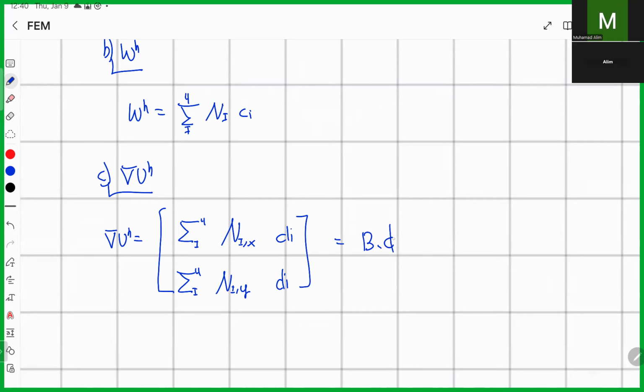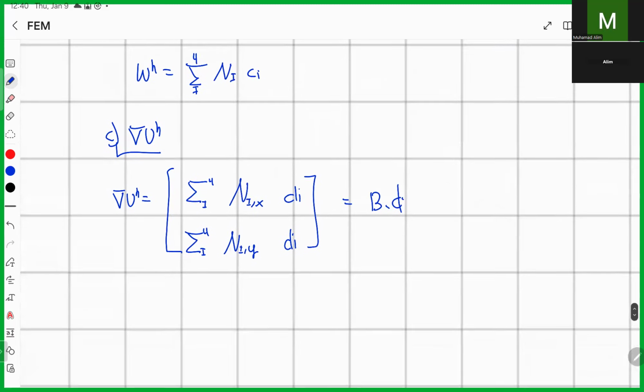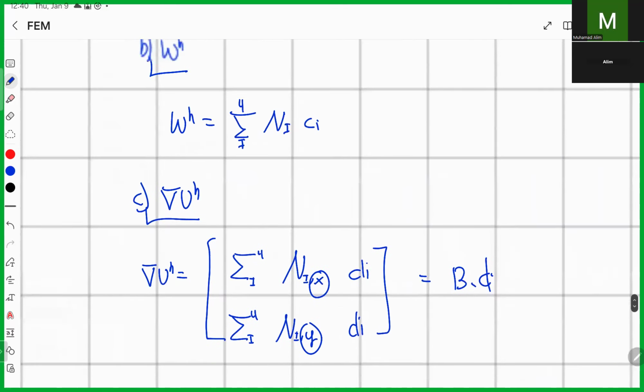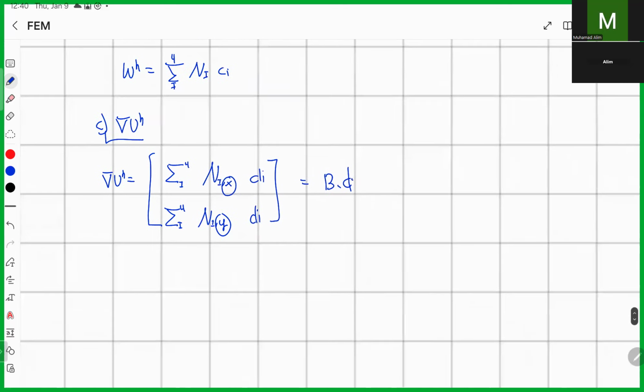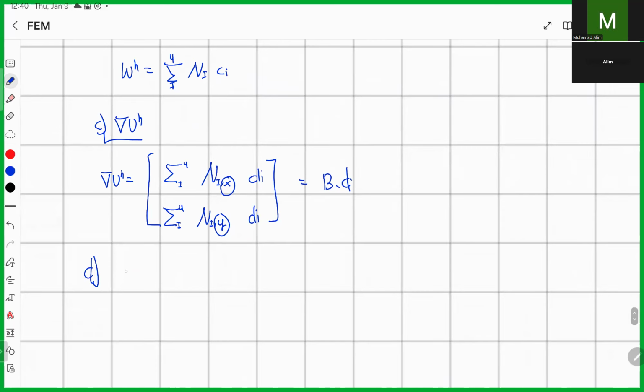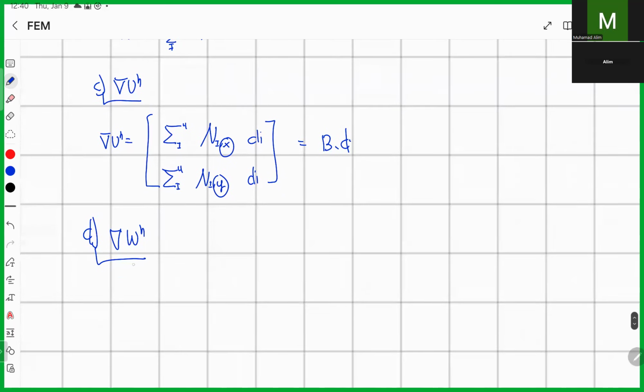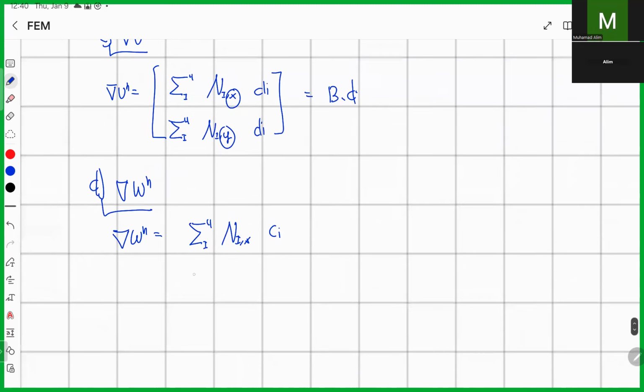So here we have B d. Okay, because this is a two-dimension problem, you gotta be wary about this. And then for the weight function, we have the same, but we just need to change the notation here. So w_h equals the sum of N_i,x c_i, and then N_i,y c_i here, and this is what we're gonna have, correct?